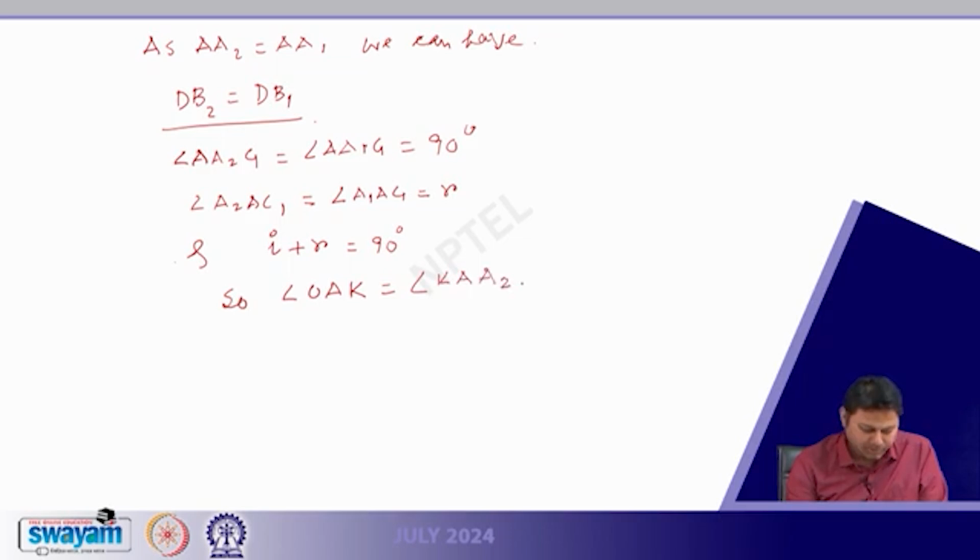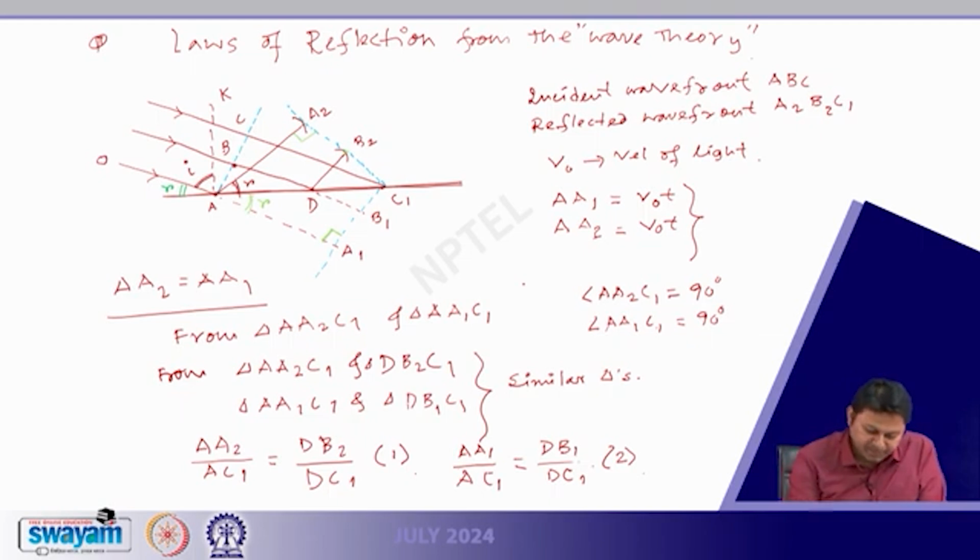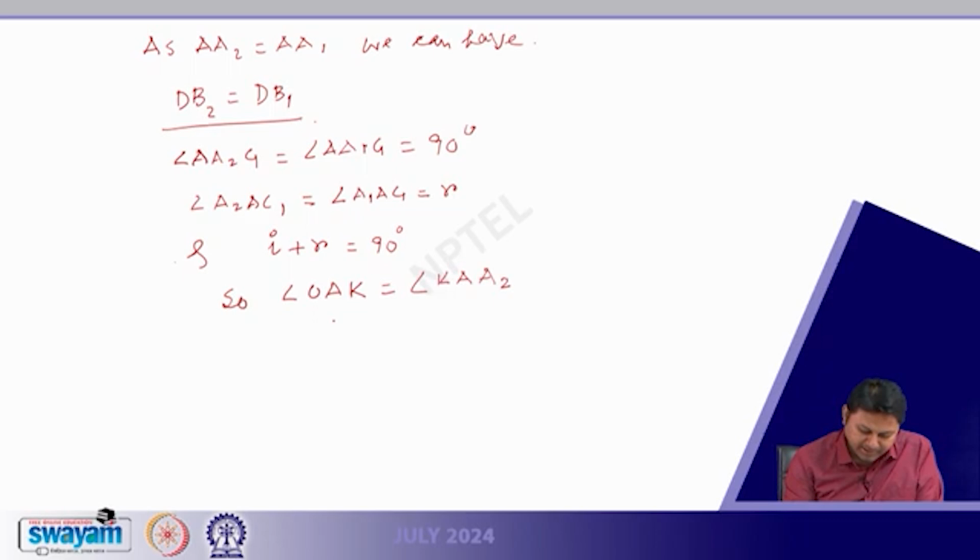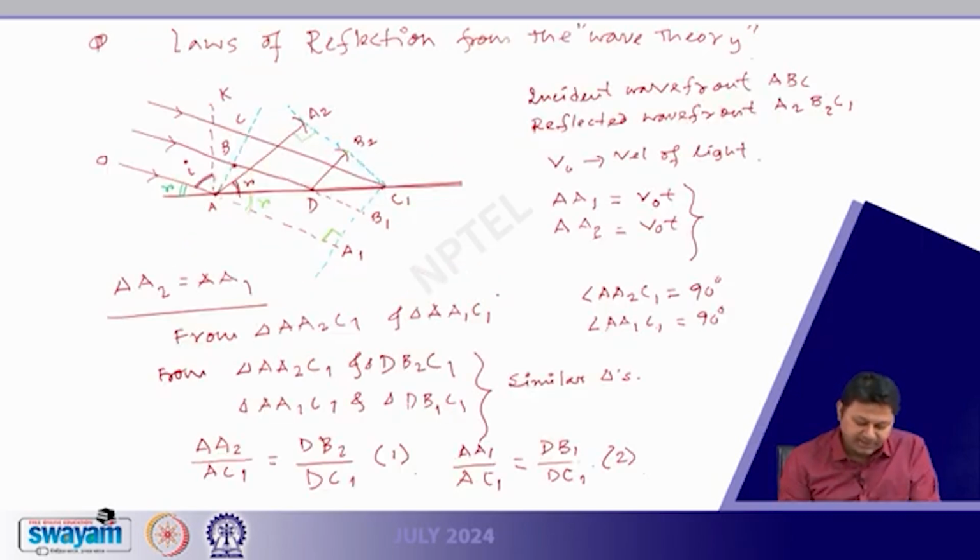Which angle am I talking about? Let me go back. OAK means this angle is nothing but I, as we defined, and that is equivalent to KAA2. And what is KAA2? KAA2 is basically the reflected angle.